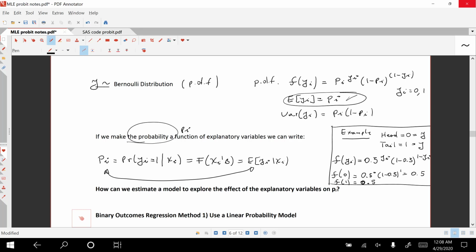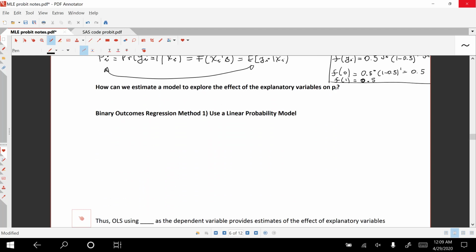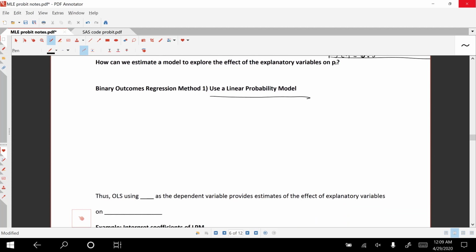So how can we go about estimating a model to explore the effect of explanatory variables on pi? I already mentioned that the first thing is we can use a linear probability model. The linear probability model is nothing else but our old friend, the linear regression model.